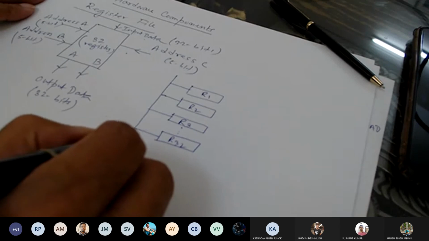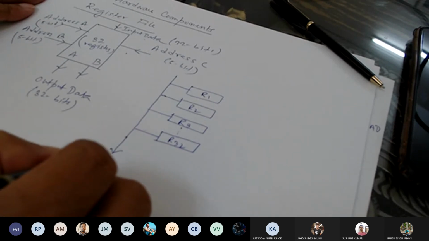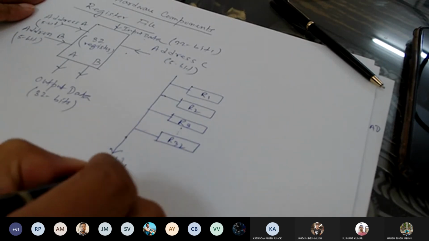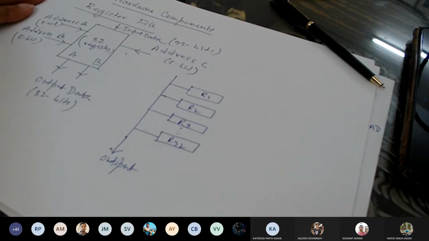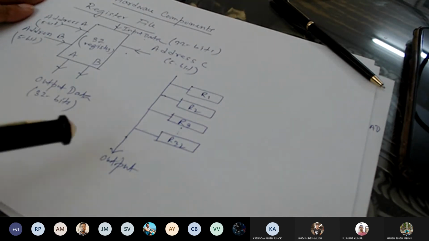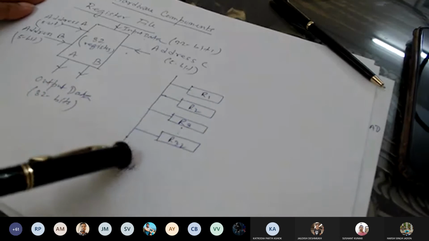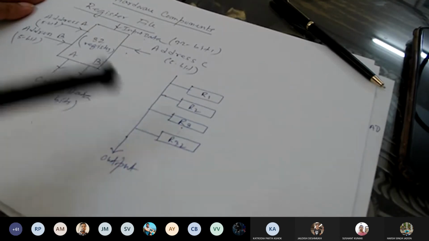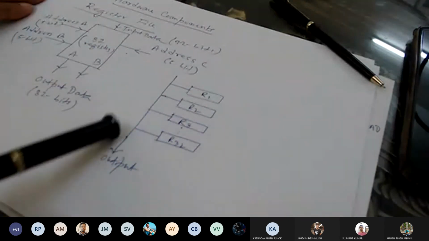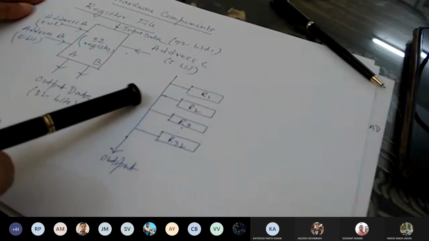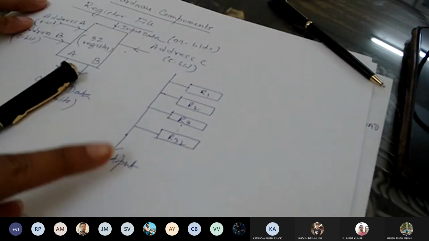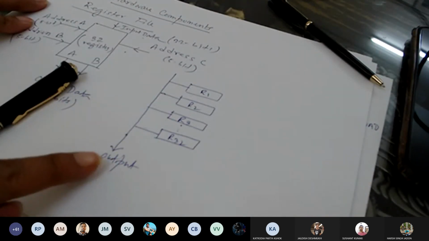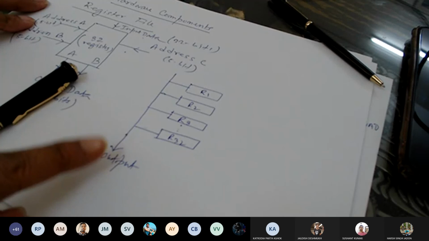Now say this is your output line. In abstract view this is fine, I can simply write like this, but do you think that in circuit it is possible like this? What you need to do?